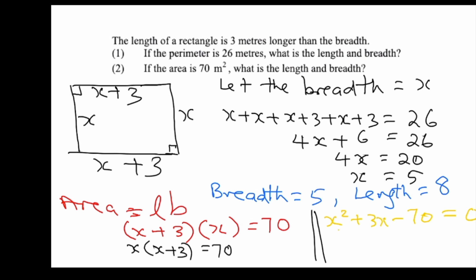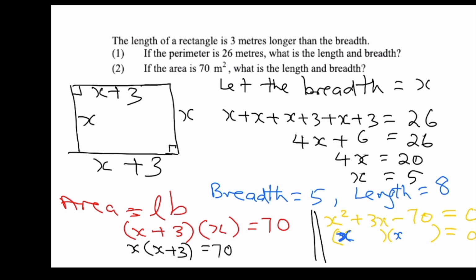And then now we factorize. x squared means x times x. Let me use another color. It's x multiplied by x. Then we need to look for factors of 70 that will help us get a 3. And I think those are 10 and 7.